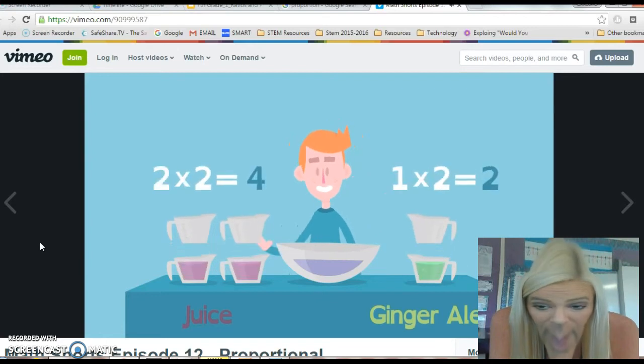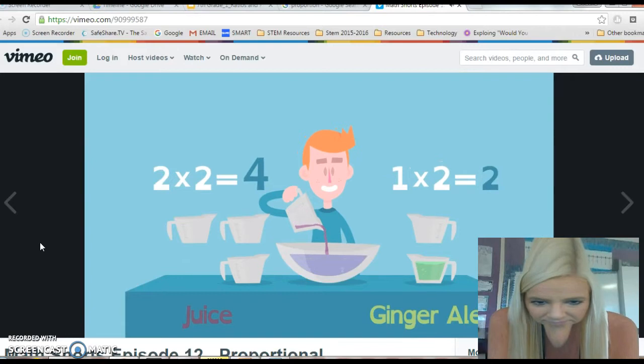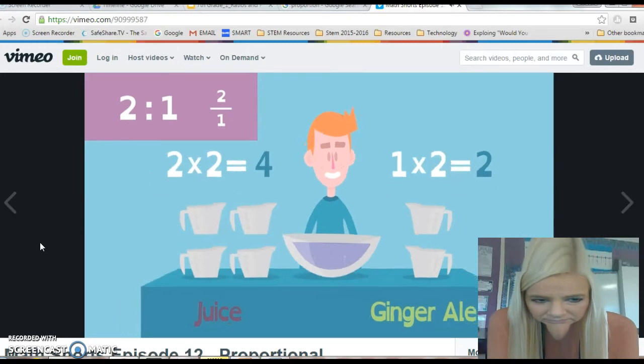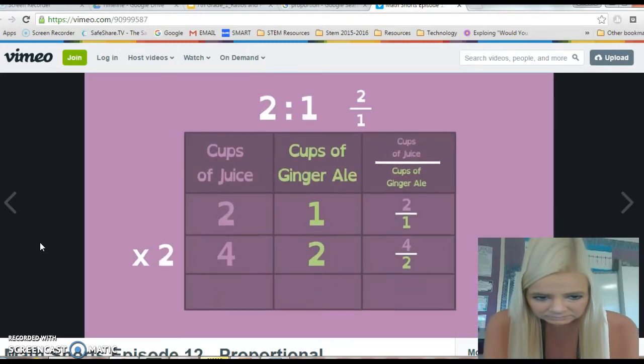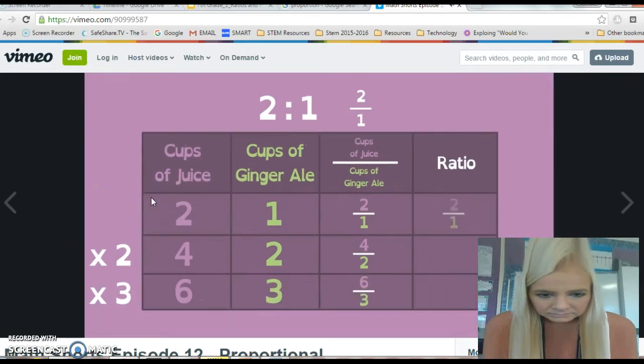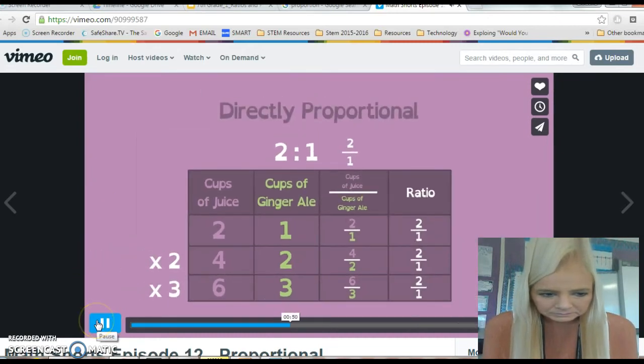If he doubles his recipe, meaning he multiplies it by 2 to start with 4 cups of juice, he'll need 2 cups of ginger ale to keep the ratio of juice to ginger ale 2 to 1. If he triples his recipe, he'll need 3 cups of ginger ale. All the ratios of juice to ginger ale are equivalent. They all simplify to 2 to 1. This means that the relationship between the 2 quantities of juice and ginger ale are directly proportional.